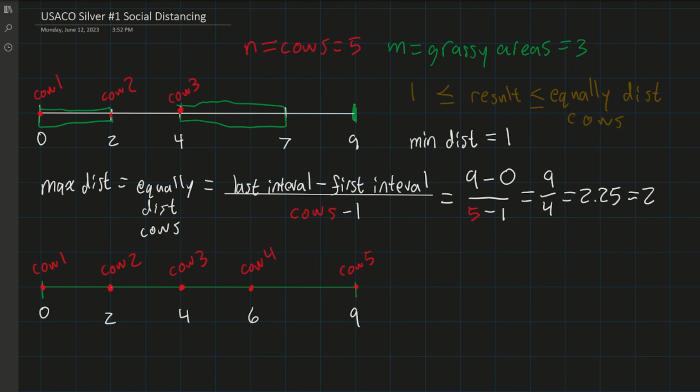And then let's add the minimum distance, which is cow 4 at position 6. That works out. However, if we move over to 8 and try to place down cow 5, that will not work. So in our program, we need to figure out if cow 5 is not in the grassy area that we're looking at, then we're going to move over to the closest grassy area.